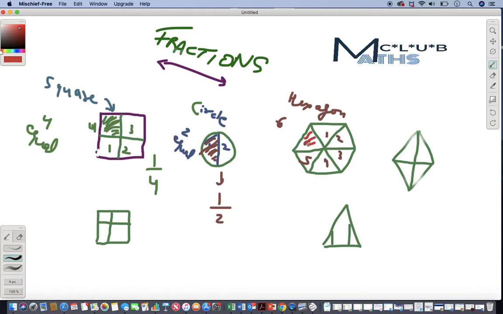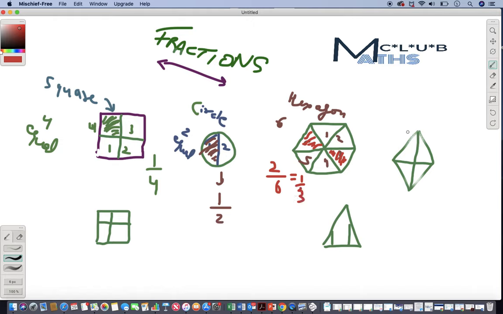Let's say this, and shade this. So we shaded 6 and 3. Okay, so now what is the fraction of this? The total number of boxes is 6 equal parts, and the shaded one is 2. So the fraction is 2 by 6, but it can be further divided, so your answer will come out to be 1 by 3. But if you write 2 by 6, it will be fine too.